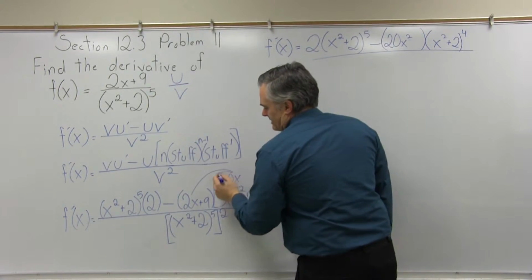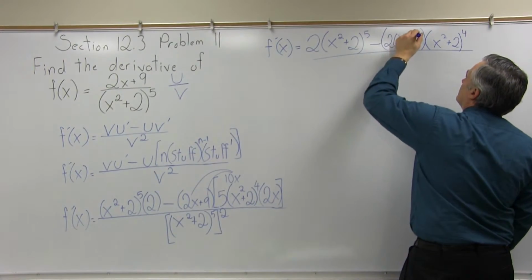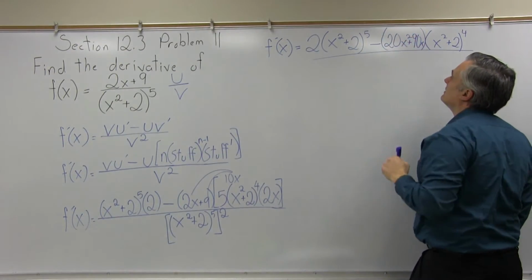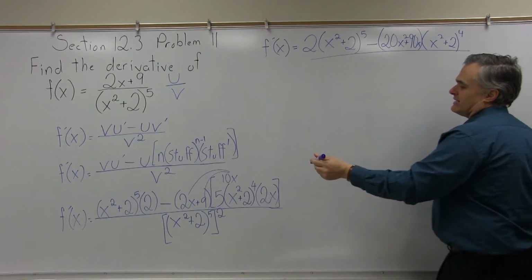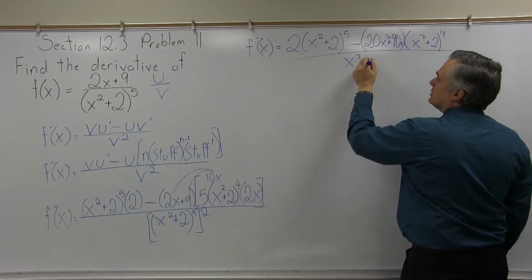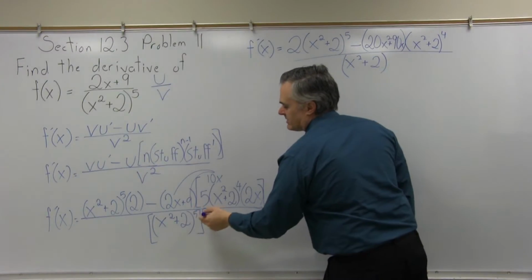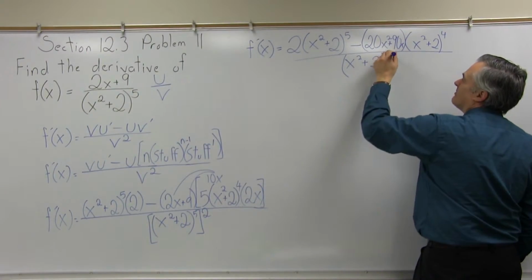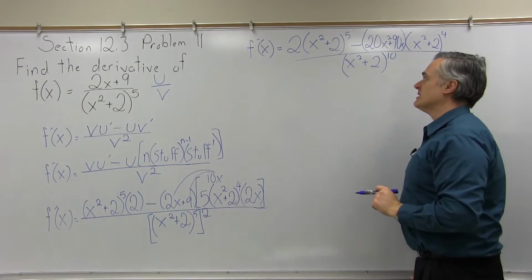And then 10x times 9 is 90x. And I still have (x squared plus 2) in the bottom raised to the 5th power to the 2nd power. So let me just make that 10th power.